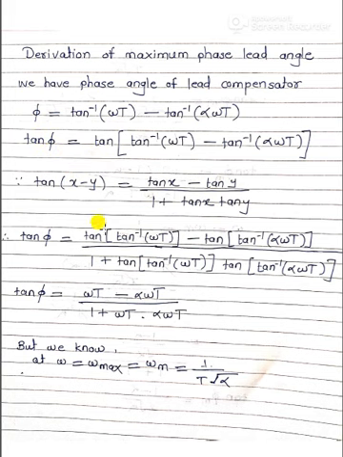Tan phi is equal to (tan of tan inverse omega T minus tan of tan inverse alpha omega T) upon (1 plus tan of tan inverse omega T times tan of tan inverse alpha omega T). So tan phi is equal to (omega T minus alpha omega T) upon (1 plus omega T times alpha omega T). But we know at omega equal to omega max, omega m is equal to 1 upon T root alpha. This derivation we already calculated previously.